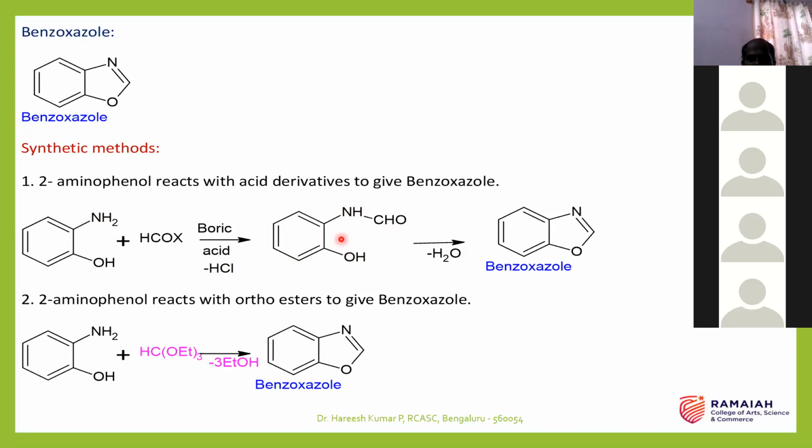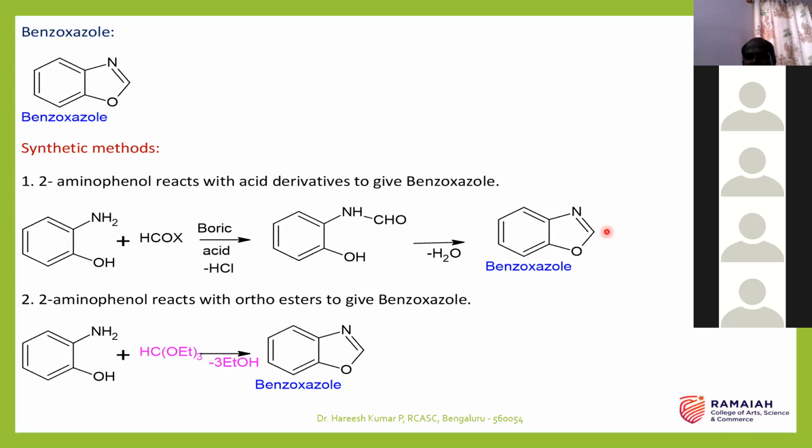So this, on heating, there will be a removal of water. You know that the lone pair will attack here. So what it means is that this H and this O will go out, and a new single bond forms between this oxygen and this carbon, and there is a double bond here.